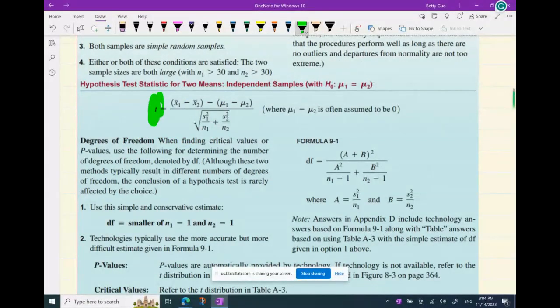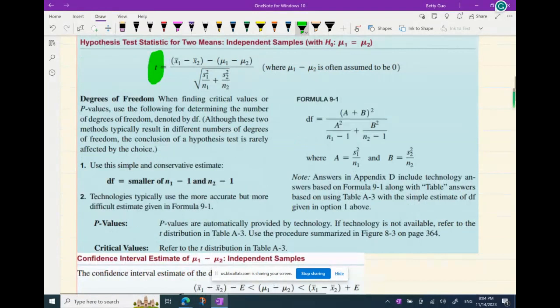It's not a z-test because sigma is unknown. Remember, when we replace the population standard deviation sigma with the sample standard deviation s, the variable changes its distribution from normal to the t, or student, distribution. Since it's a t distribution, we have to know the degrees of freedom.